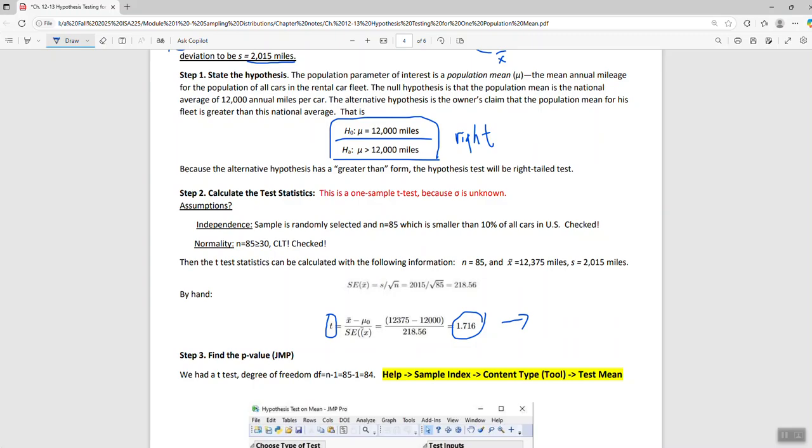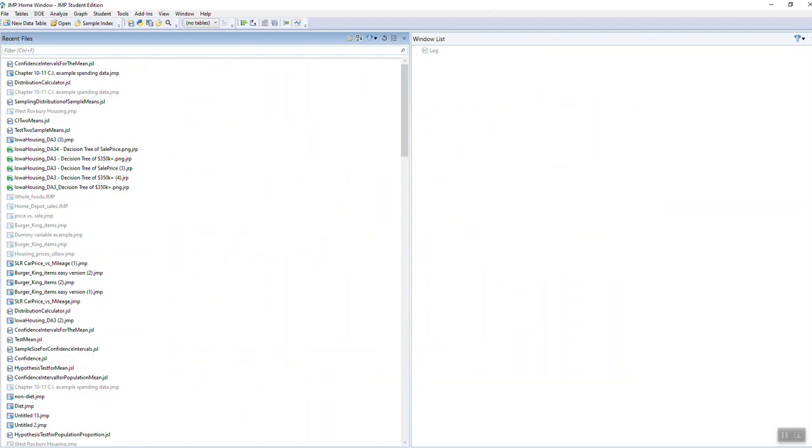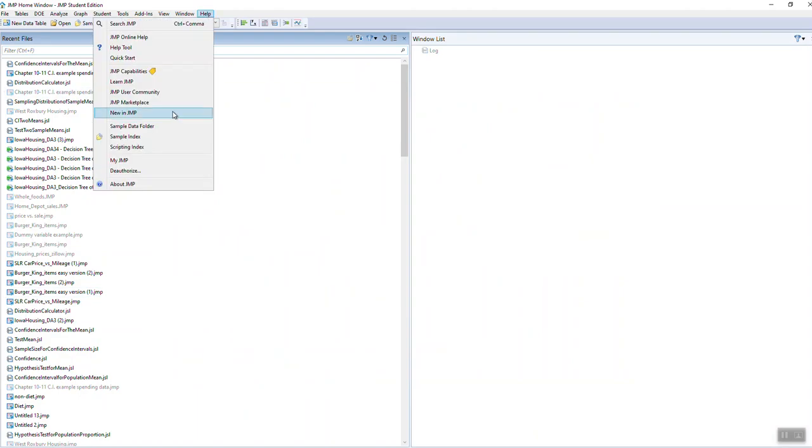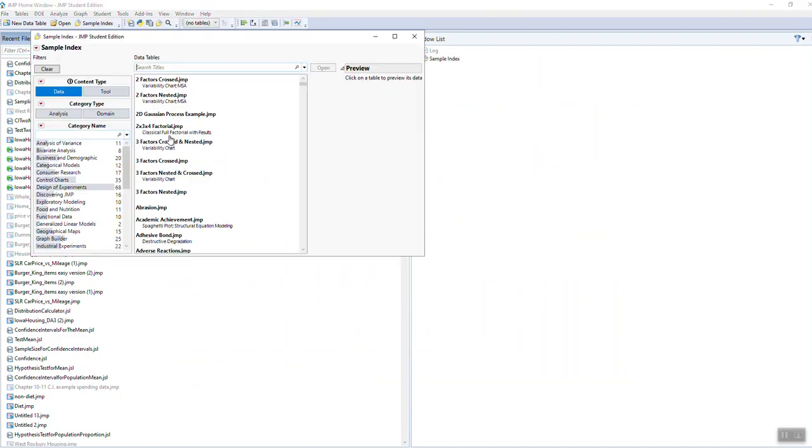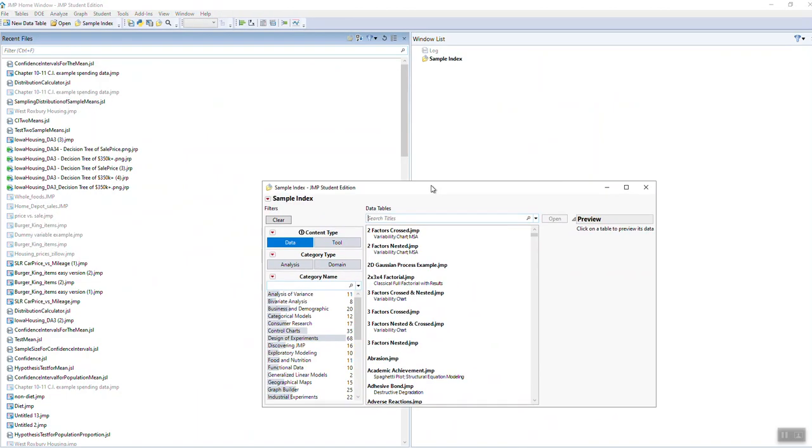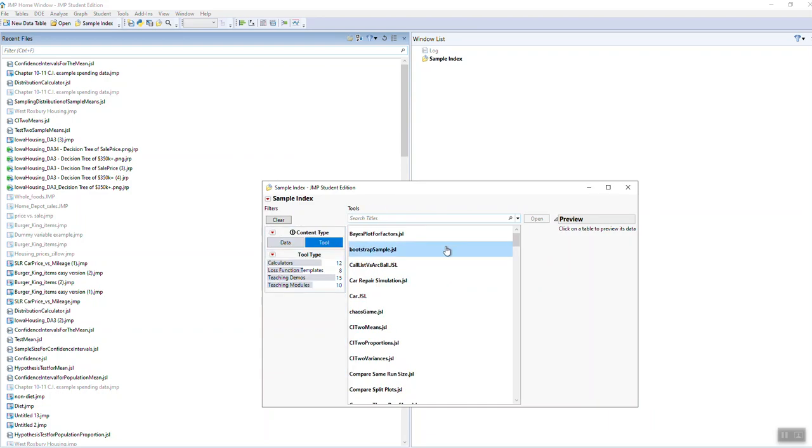So in this case, we still go to JMP, Help, Sample Index. We have already tried two tools: the distribution calculators and the confidence interval for the mean.